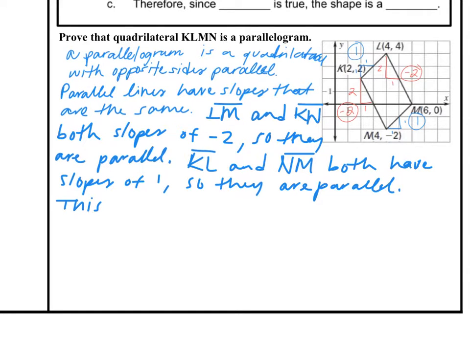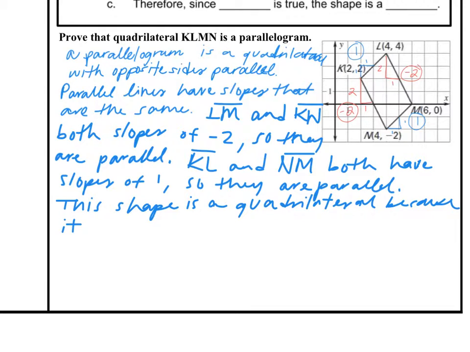We say this figure or this shape is a quadrilateral because it has 4 sides, just a polygon, whatever you want to say. Because it has 4 sides.